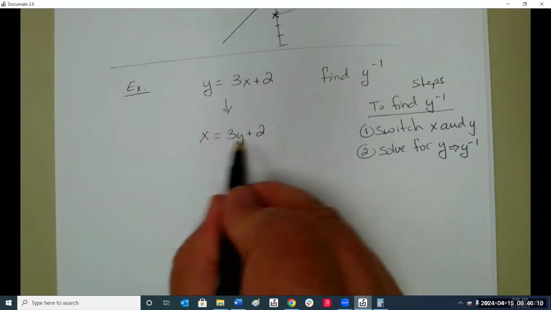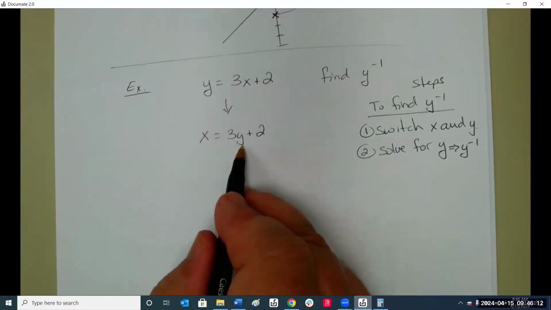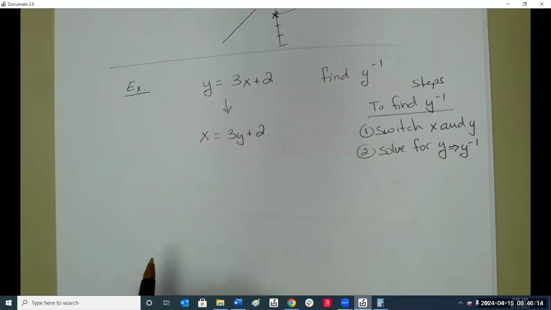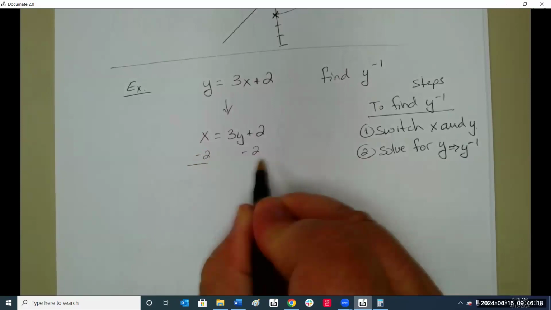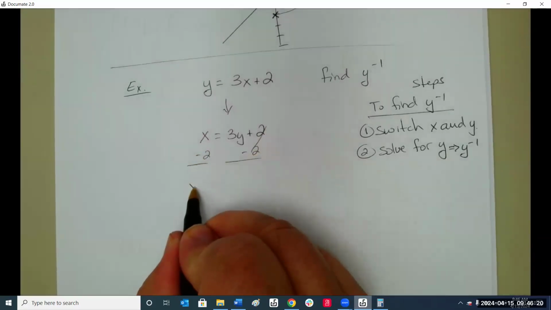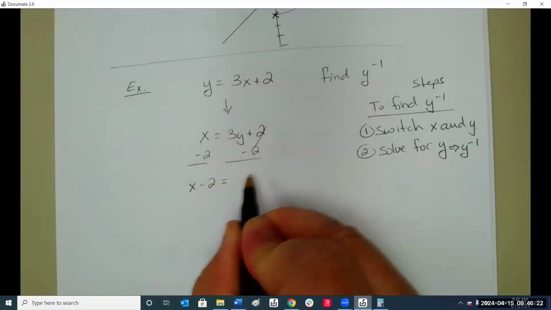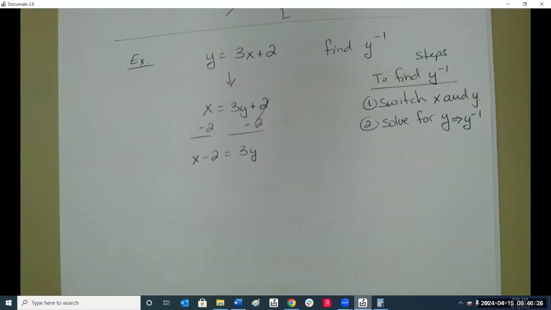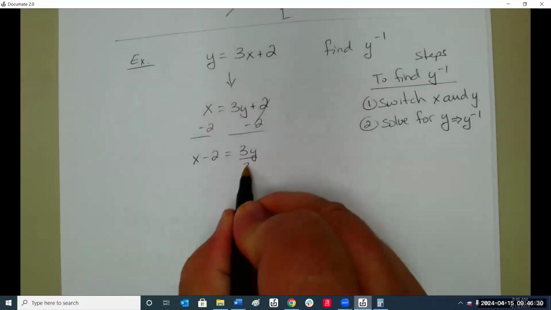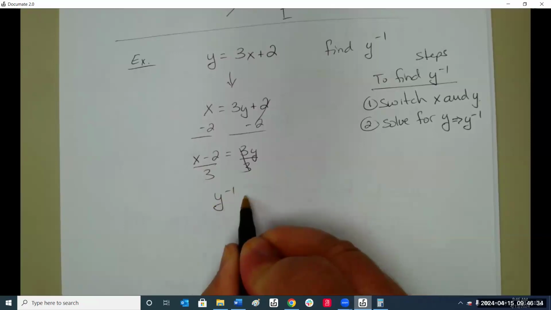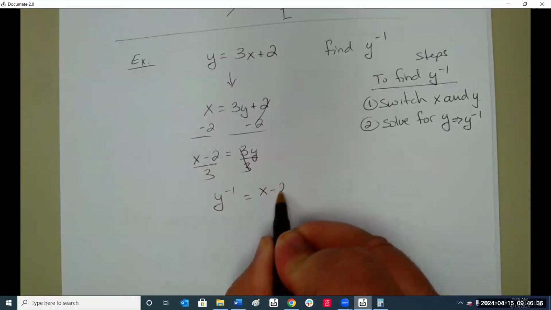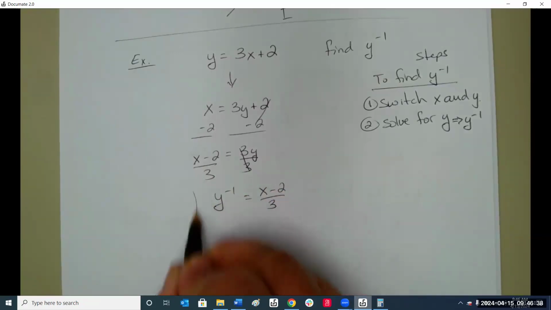So our first step, we switched x and y. Now we're going to solve for y. So what do we do first? Subtract 2. X minus 2 equals 3y. Then divide by 3. So my inverse is x minus 2 over 3.